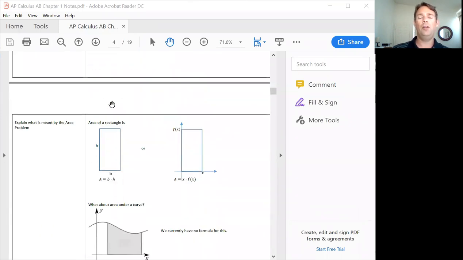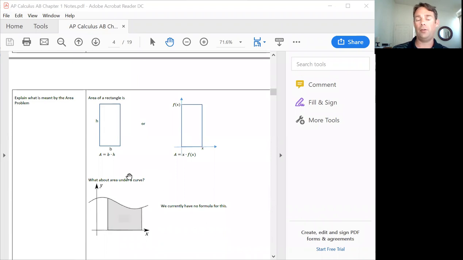The second one honestly deals with the area of a rectangle. In rectangles, the area is nothing more than base times height. Or if we look at it in terms of a rectangle, it is the x value and the y value, which we can also say is f of x.